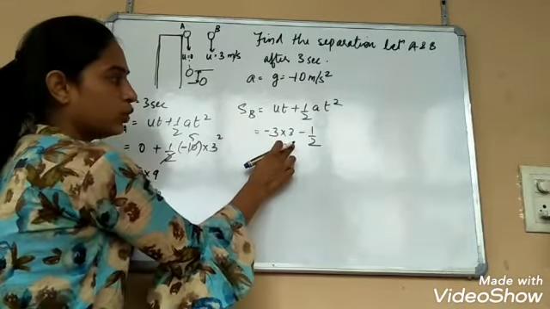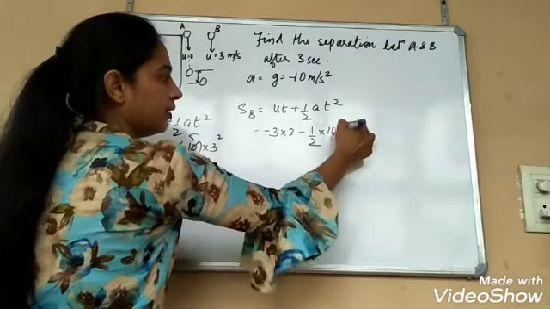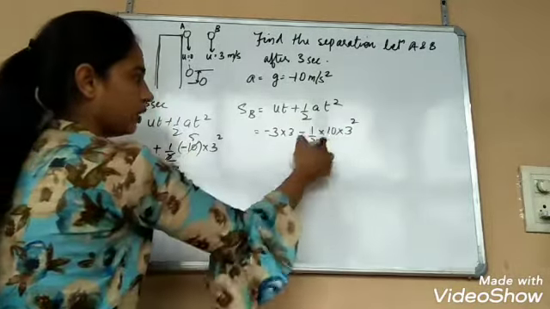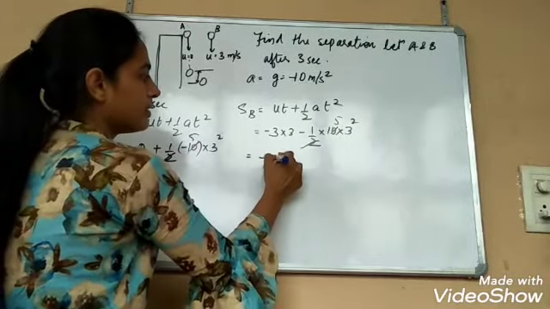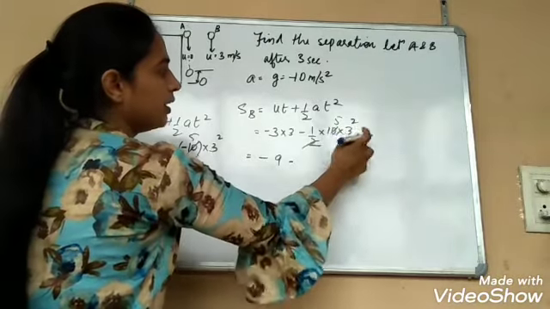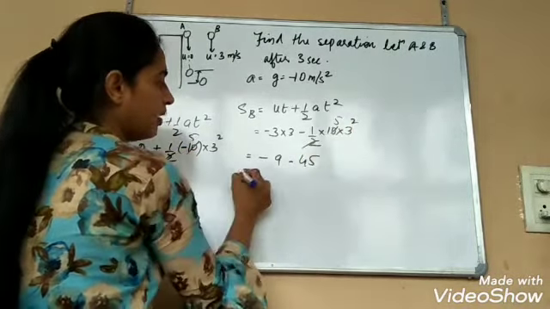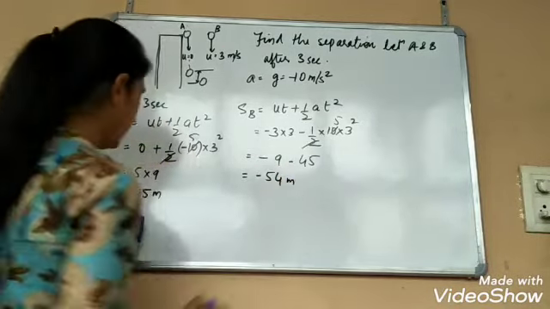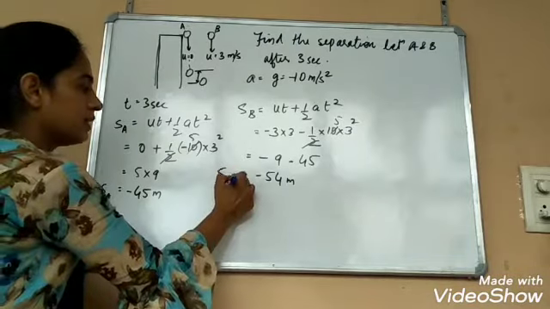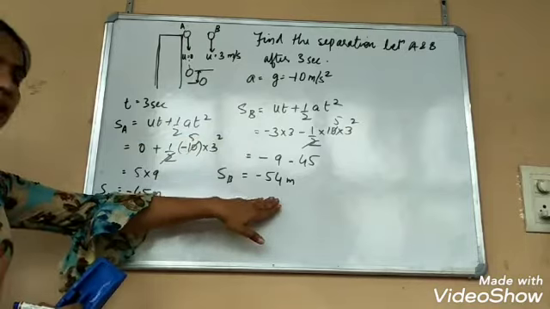So minus 3 into 3 minus half, a will again be 10, t is 3. Here again you get 2 5s are 10. So minus 9 minus, 3 square is 9, 9 5s are 45. Minus 9 minus 45 is minus 54 meter. So distance covered by B in 3 seconds is 54 meter.